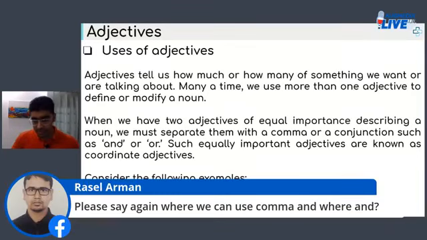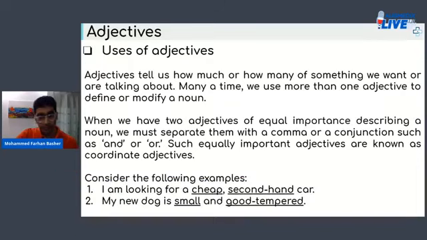Okay. Russell Arman is asking me to repeat: please say again where we can use comma and where and. Well, the thing that I've been saying is that when you have two adjectives defining a noun, and both the adjectives are of equal importance, such as, for example, cheap and secondhand.